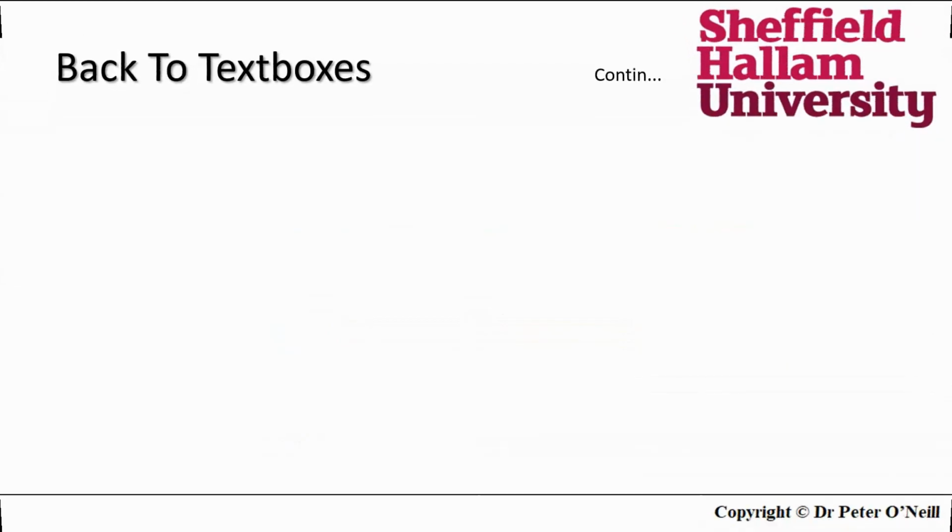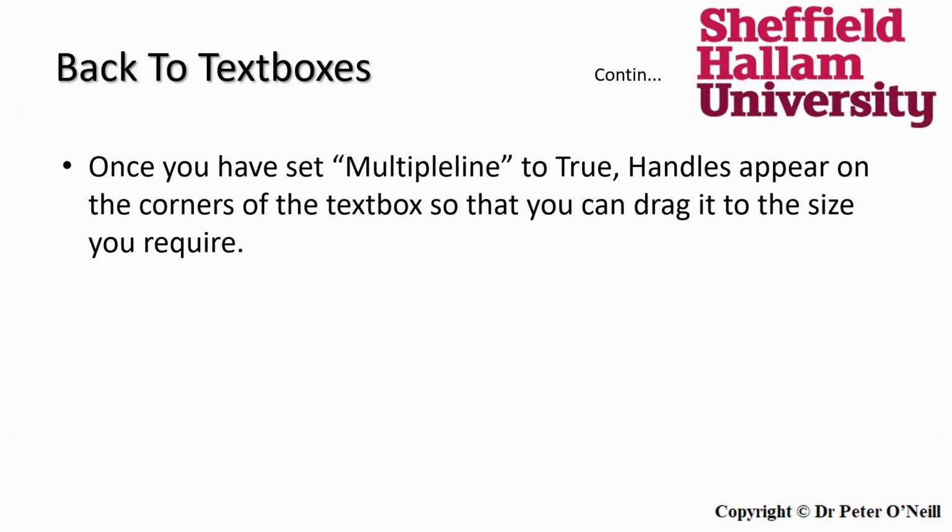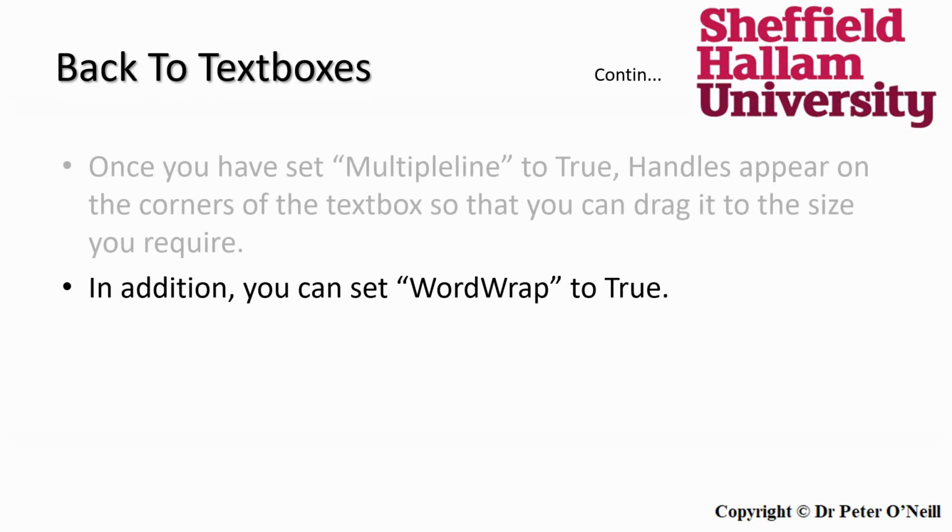You may also want to put wrap on as well. Once you have set multiline to true, handles will appear on the corner of the text box so you can drag it to any size that you require. In addition, as I say, you can set wrap to true. This means that when it gets to the end of a line, it will wrap back round and come onto the next line automatically.